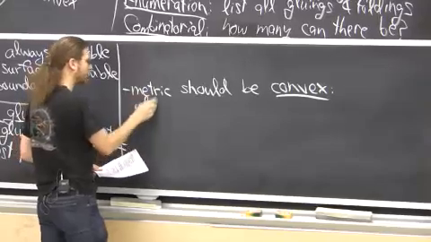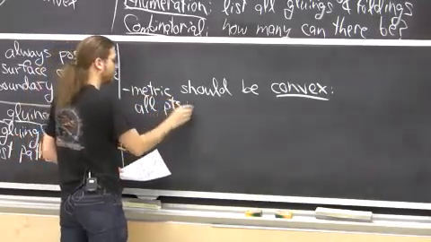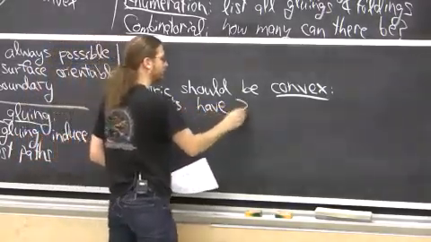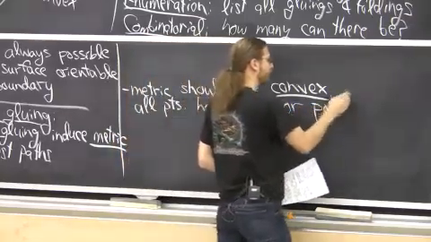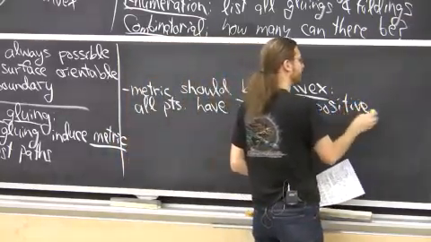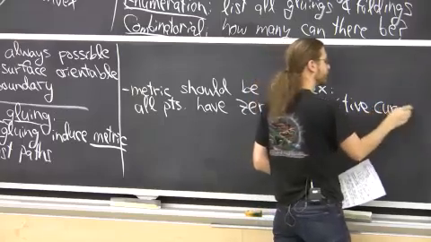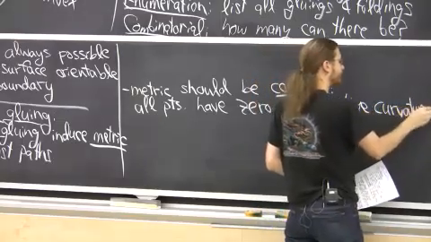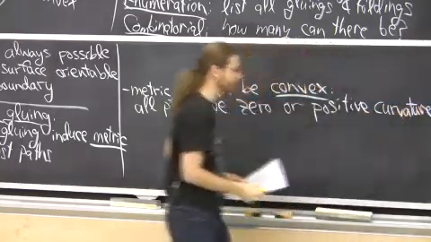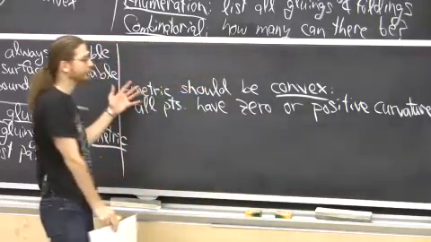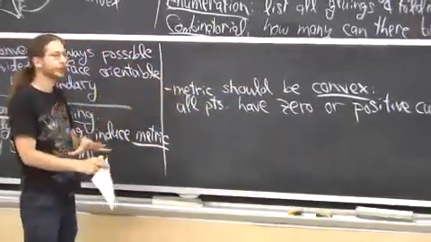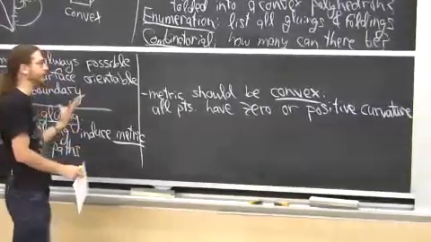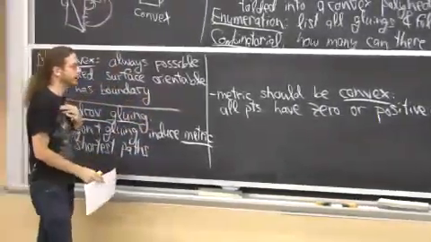All points have zero or positive curvature. That's the way I would say it. Remember, curvature was 360 minus the sum of the angles at the vertex. So this is the same as saying you have at most 360 degrees of material at any point. This is obviously necessary. And the point is you can evaluate this just knowing how things are glued together. You don't need to understand 3D geometry. It's a local property. And certainly necessary if we're going to try to make a convex polyhedron.